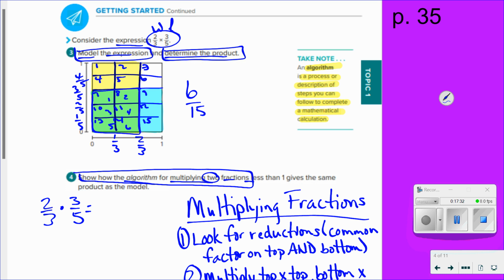Okay, so Sawyer, 6/15, my final answer? Why not? Simplify. What can I do to simplify? Go through your 4 key numbers. I can't divide 15 by 2.